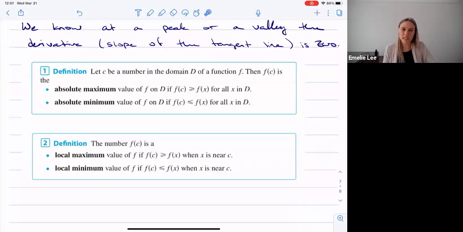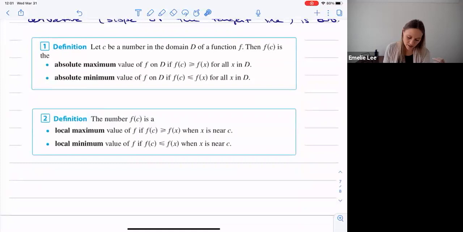So if C is some value in the domain, of course it has to be in the domain, then as long as f of C is the largest output available, right, then we can say that we have an absolute maximum at f of C, or at C. Same thing with the minimum. If the output at C is the smallest that it can possibly be, then of course we have a minimum.